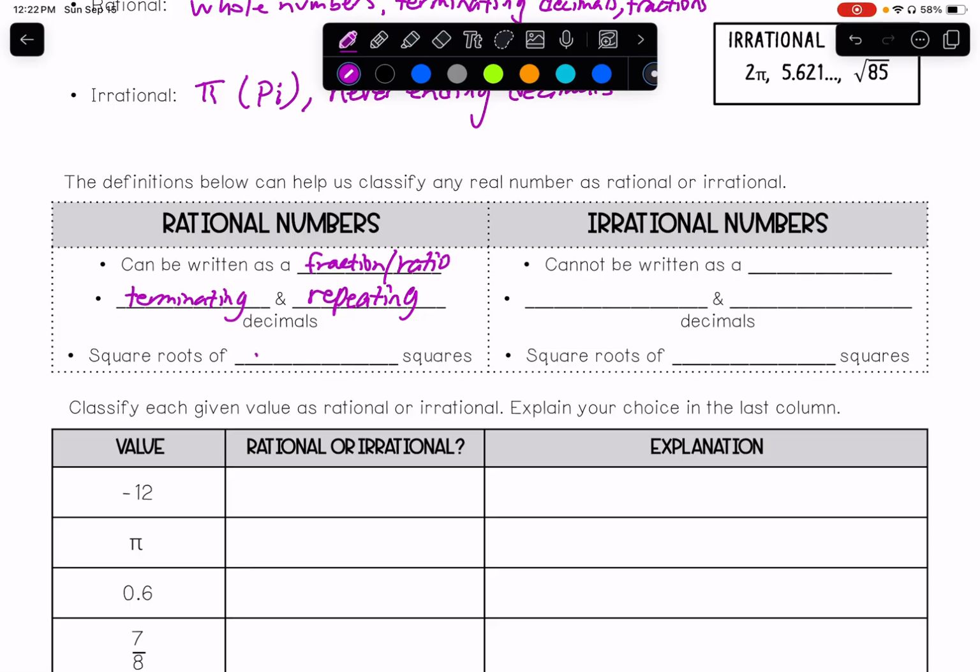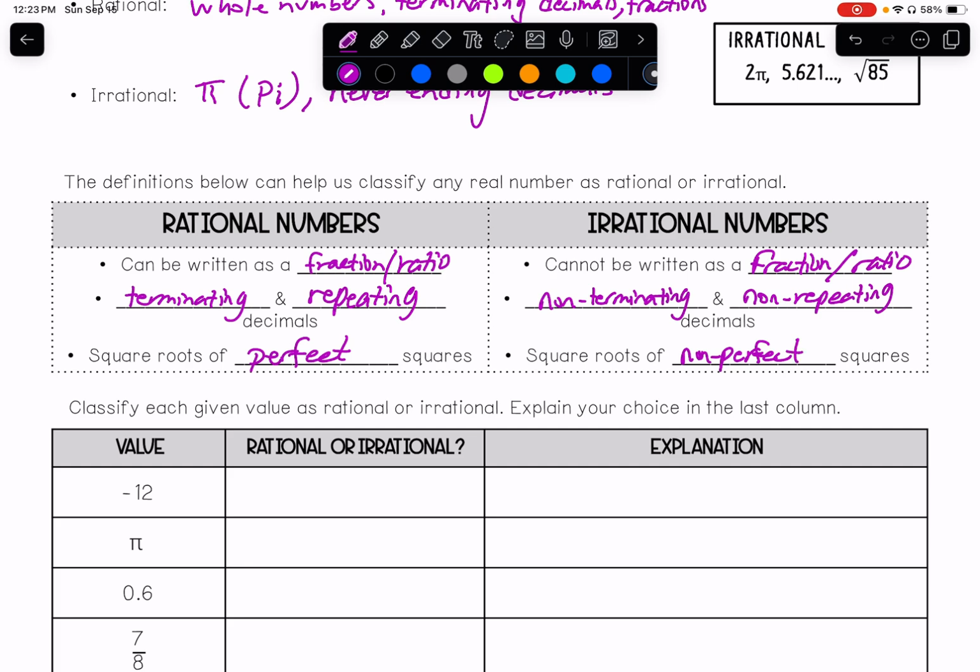All right, let's do a few of these as an example. Negative 12, we know it's rational. Negative 12 is an integer, so that is a rational number. Pi, irrational, because pi is equal to 3.14159, yada, yada, right? So it's a non-terminating decimal.